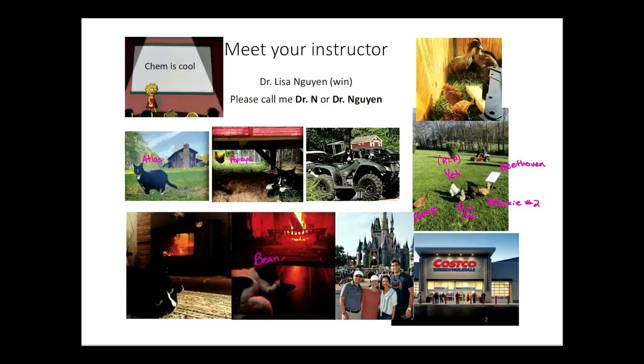I live on what I call my hobby farm with my 2 cats, my 9 chickens and ducks, and my 1 husband. Every morning I get up at 5 a.m. to feed and water the ducks, make sure that they're happy before coming into campus to teach some eager minds. So I, again, live on a hobby farm.